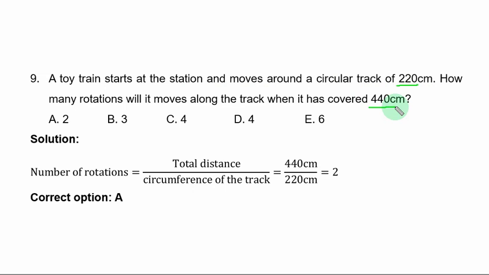Solution: number of rotations is equal to total distance over circumference of the track. Total distance 440 cm, circumference of the circular track is 220. If you divide, you have 2. The correct option is A.